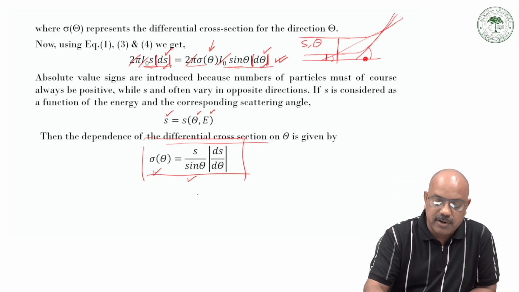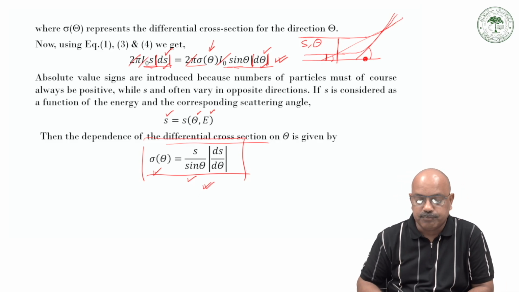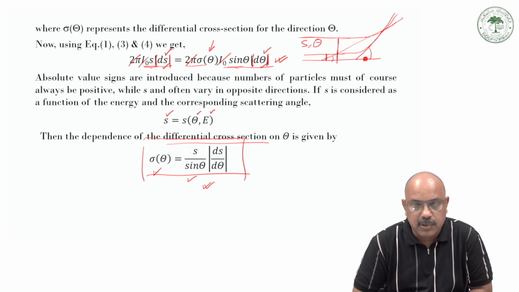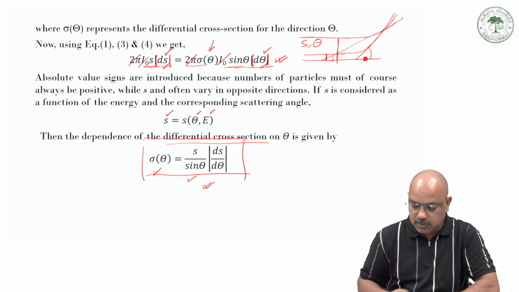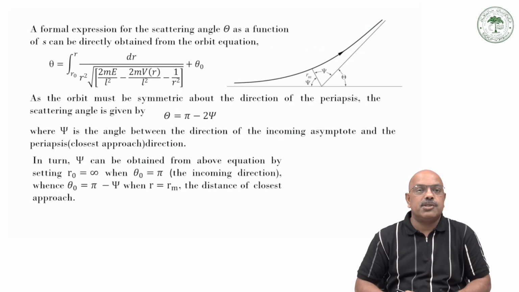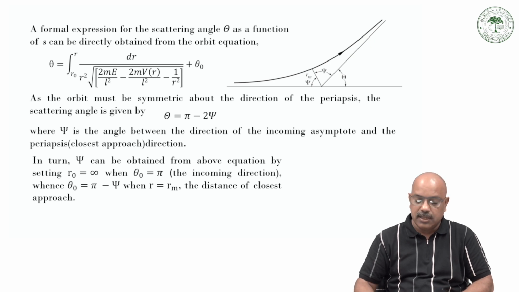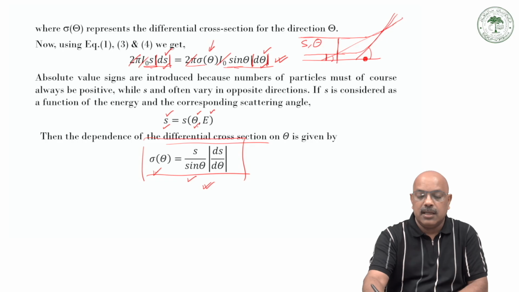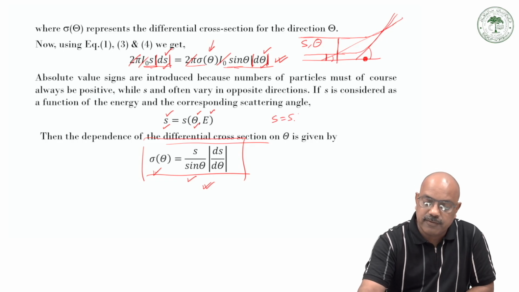Now we will try to calculate it in Rutherford scattering. Before that, we are going to write a formal expression for the scattering angle theta as a function of the impact parameter. Because if you write s in terms of theta, you can write theta in terms of s also.